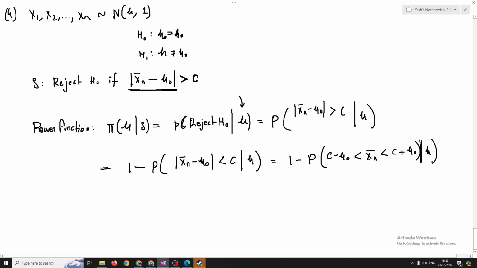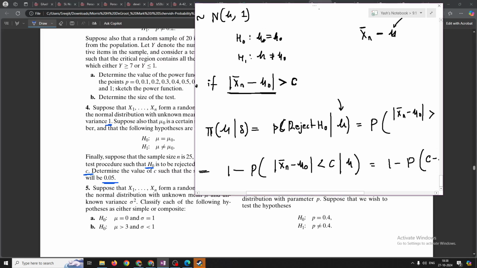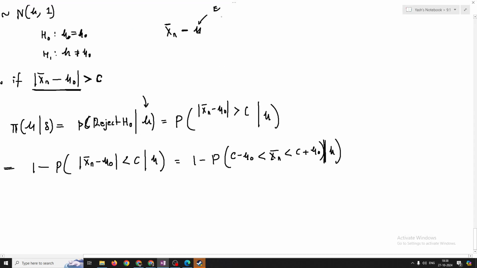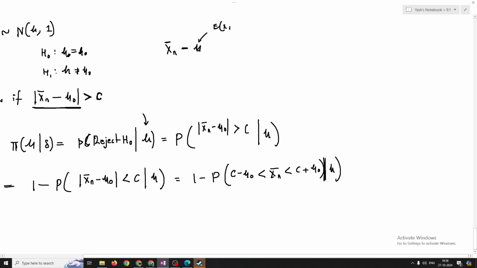We know the distribution of xn bar. We know how xn bar is distributed. For any sample mean, you subtract its expectation, which is mu, and divide by sigma by root n.